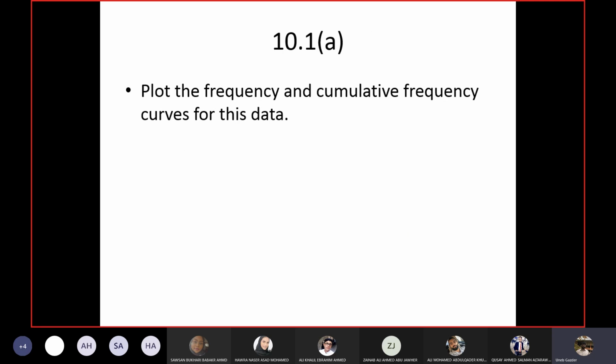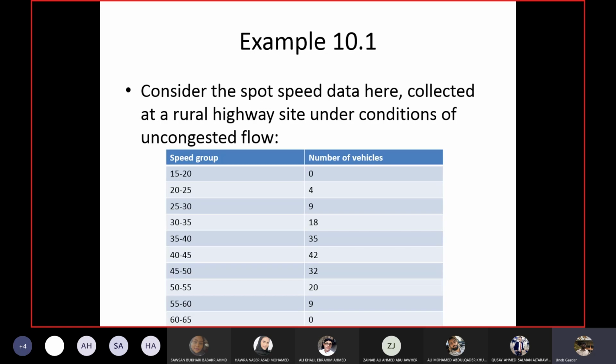The first thing to be done is find out the frequency and cumulative frequency curve for this data. Frequency comes from dividing the value of each group with the total number of values, right? So I need the total number of values. I already have the value for each group. Give me the total number of values here.